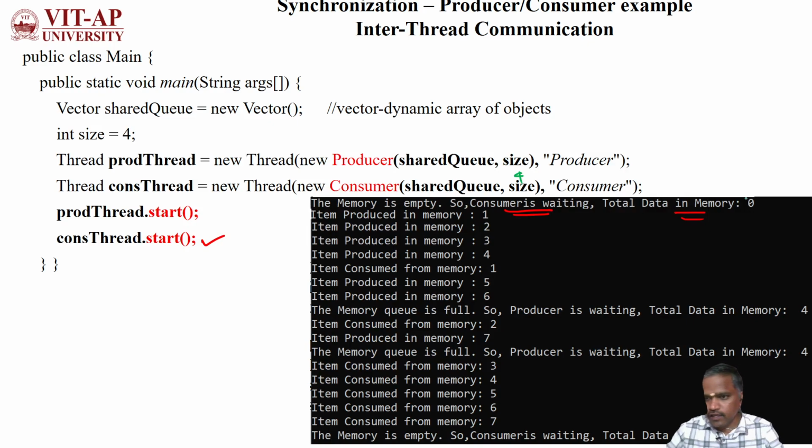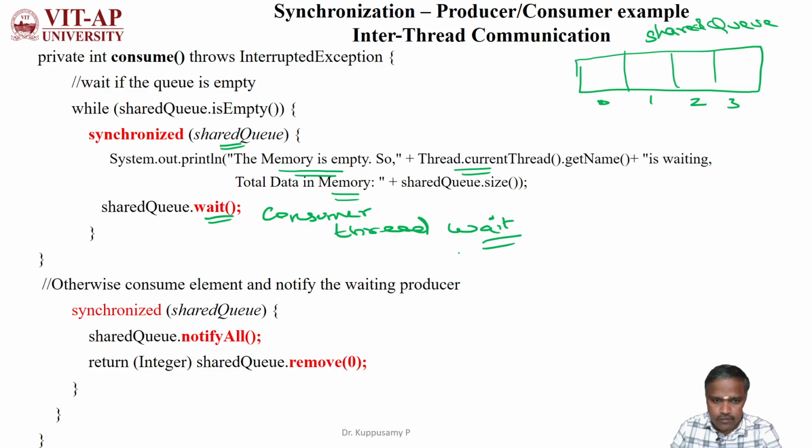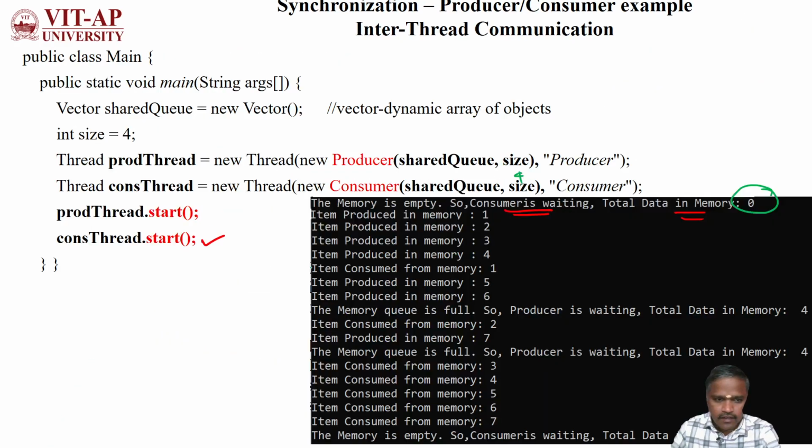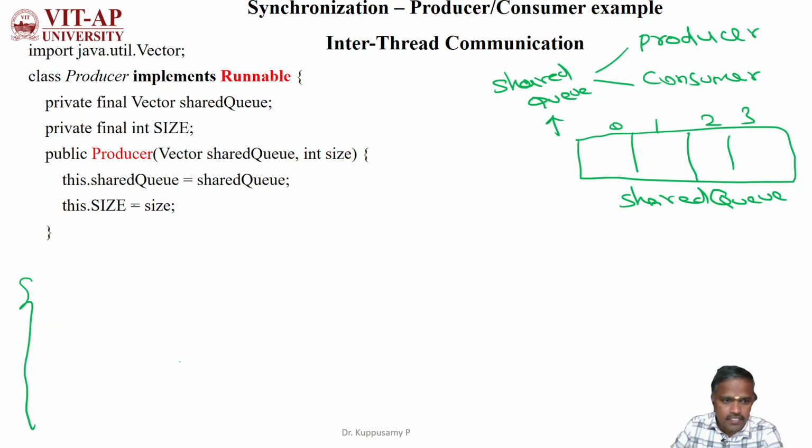Then a wait signal is sent to this consumer thread, so the consumer thread will wait until getting the notify method from the producer thread. Now the producer thread will get its turn, and then the item is produced. Once it is started, the run method of the producer is executing here.